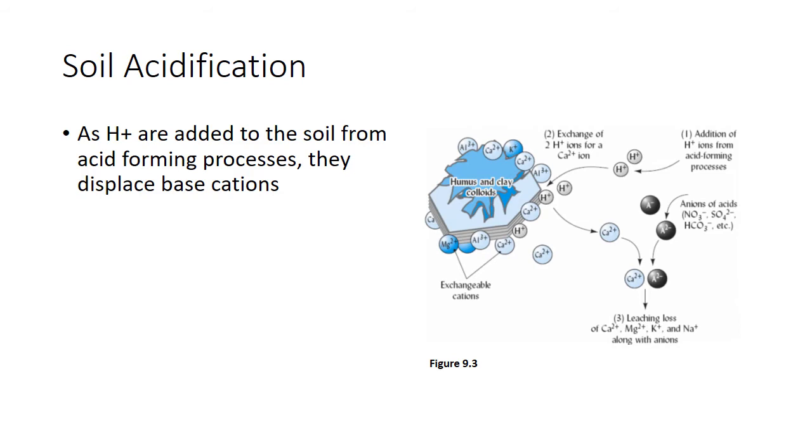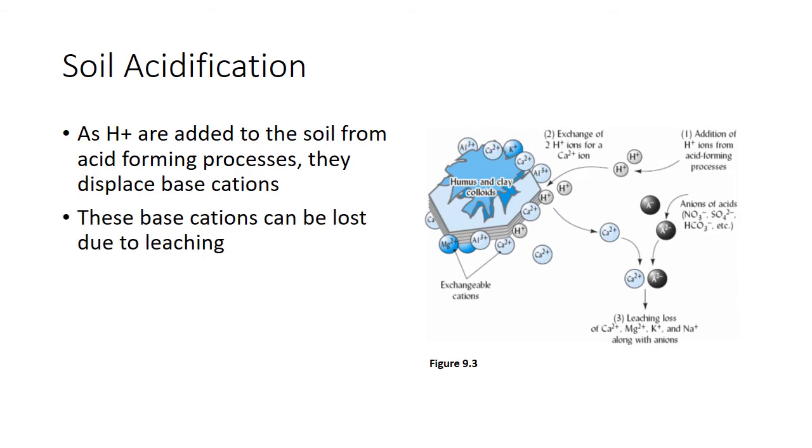So those hydrogens are displacing cations, making them go into solution, and then if there is excess water, those cations that are in solution can be washed out of the system. So they're lost due to leaching.